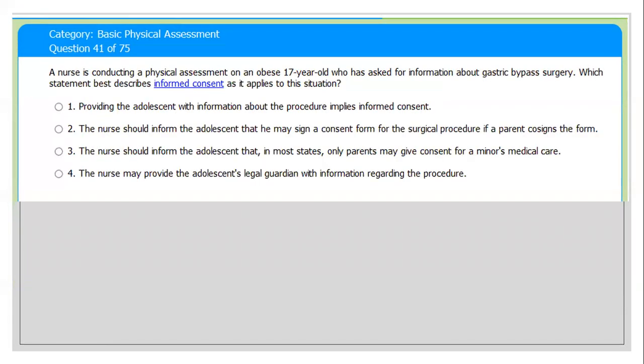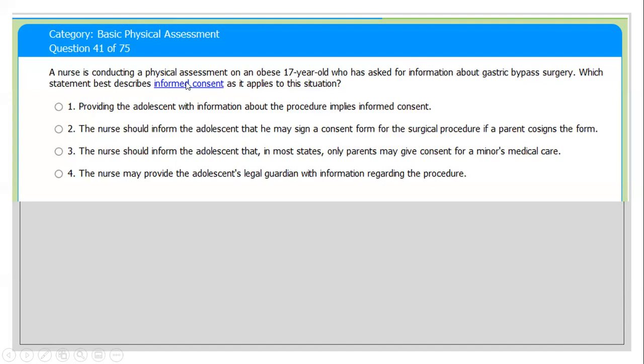Next question here. A nurse is conducting a physical assessment on a 17-year-old who has asked for information about gastric bypass surgery. Which statement best describes informed consent as it applies to this situation?